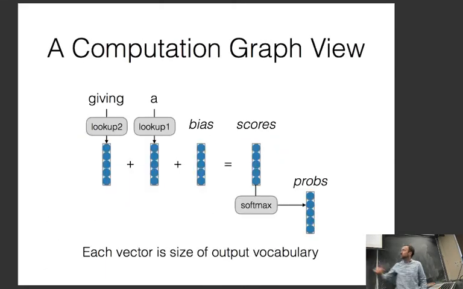The reason why is because you're adding these together and taking the softmax after it. If you did that purely by counts, that would be a naive Bayes model. And compared to a naive Bayes model, this is like a logistic regression model. So that's the difference between a log linear model and the count-based models that we talked about.